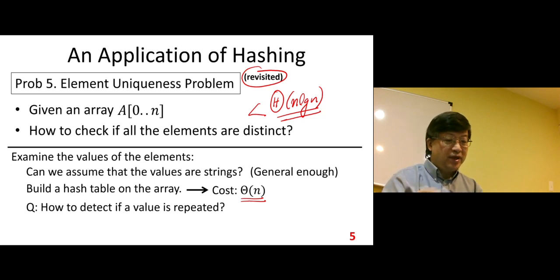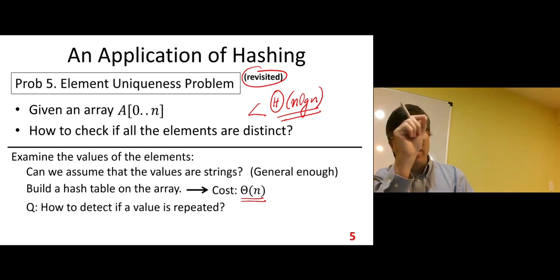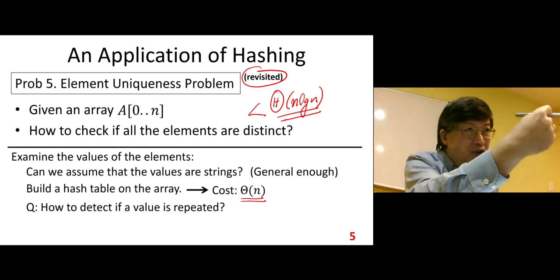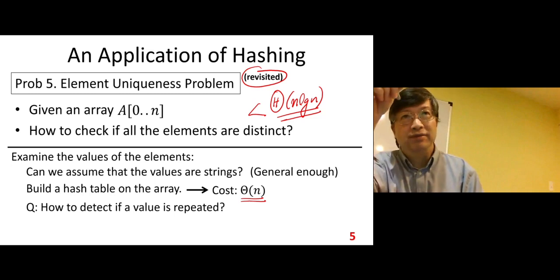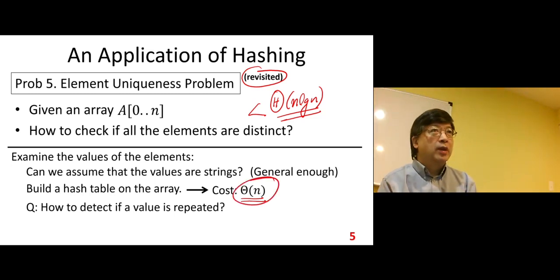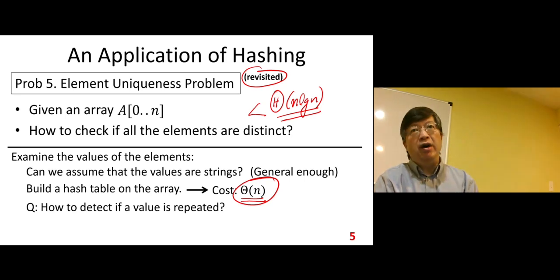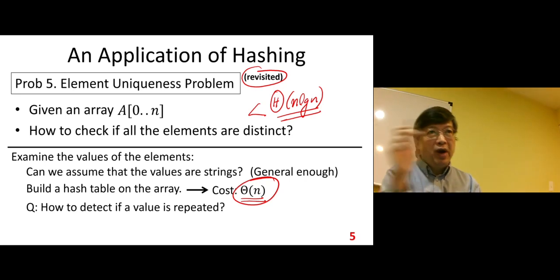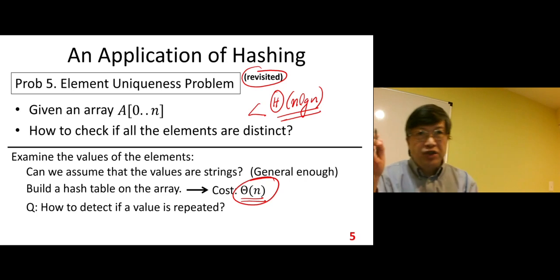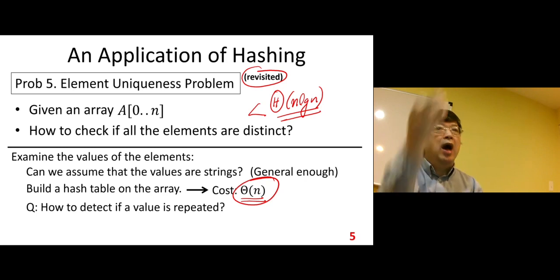To solve the problem, we go through the array element by element. When we build the hash table, we go through it too. So here, the same procedure: we run the hash table building procedure when we process this whole array. During this procedure, we can determine if one element is repeated or not.